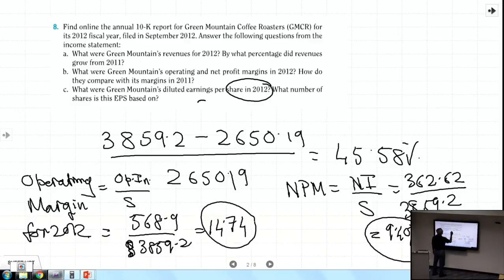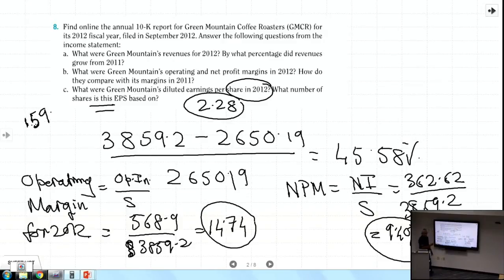And what number of shares is this based on? We just read from the income statement, it was 159.08 million shares to calculate the diluted earnings per share.